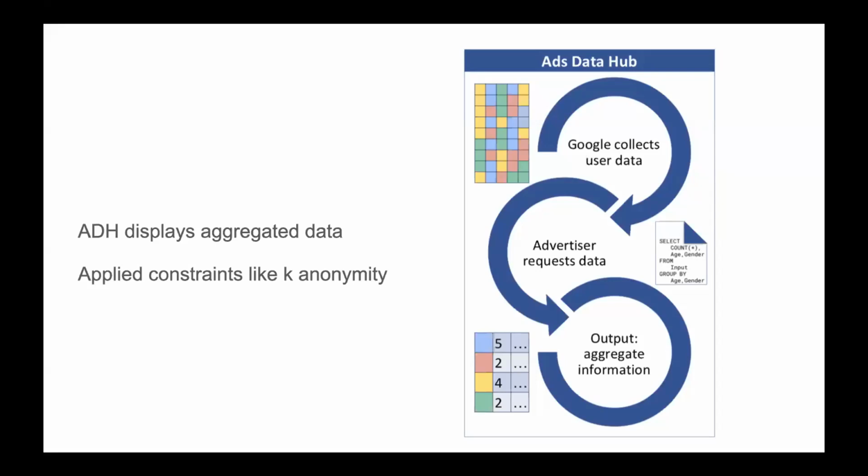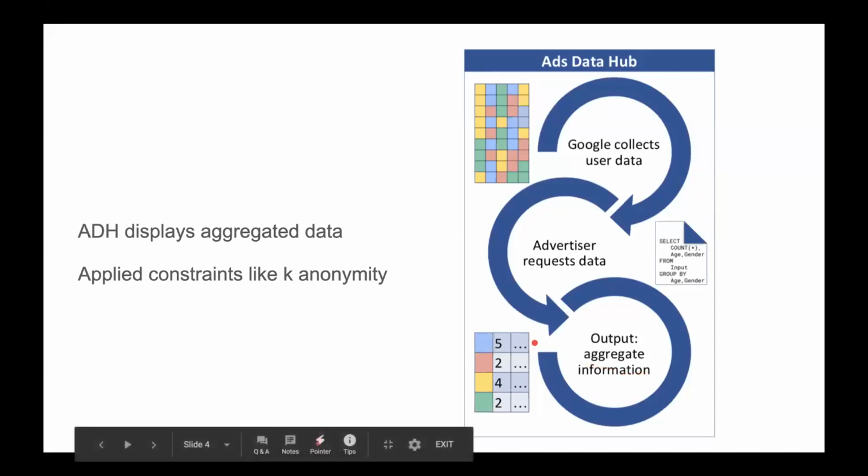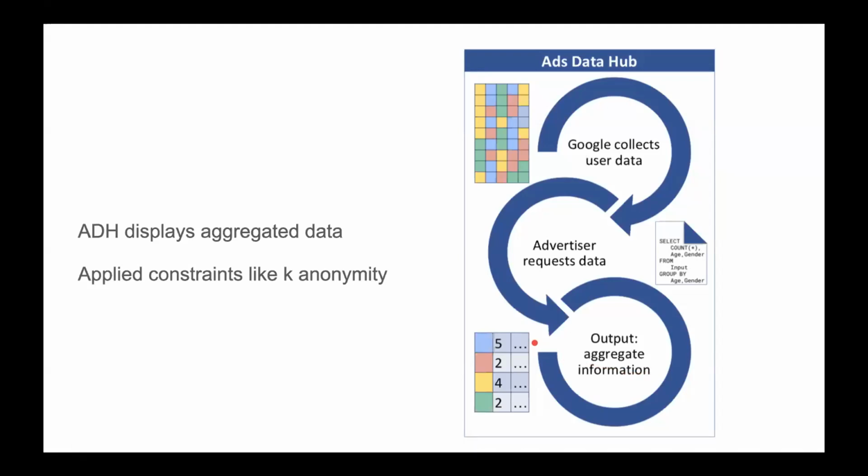Now, this will make it more difficult to identify individual features of users in the raw table.